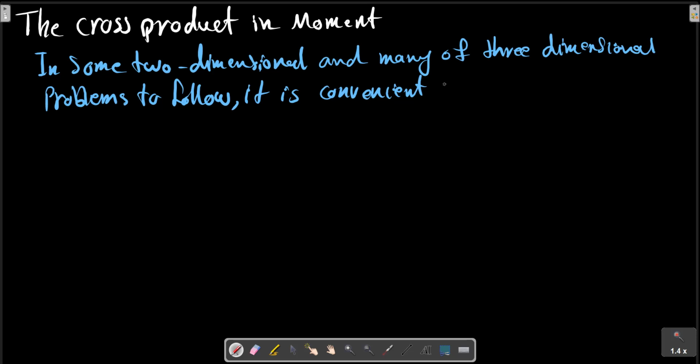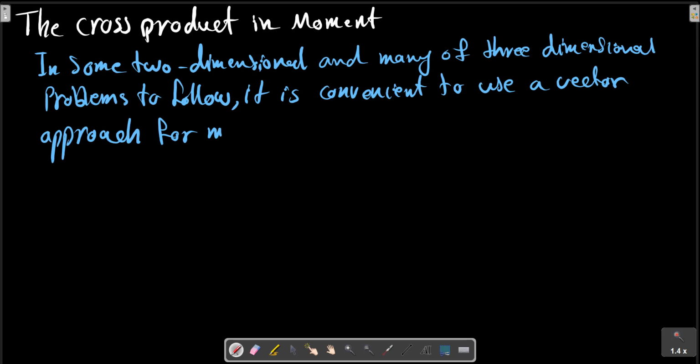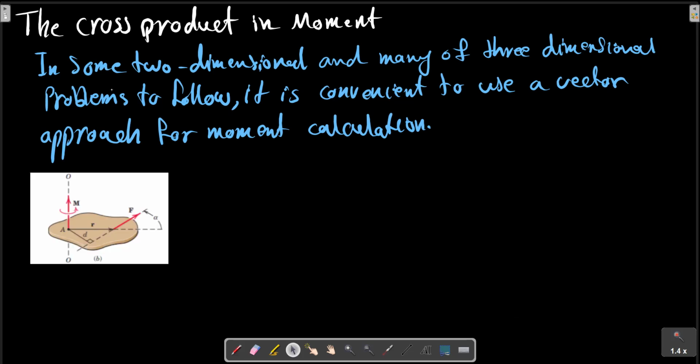To use a vector approach for moment calculation, consider this picture.